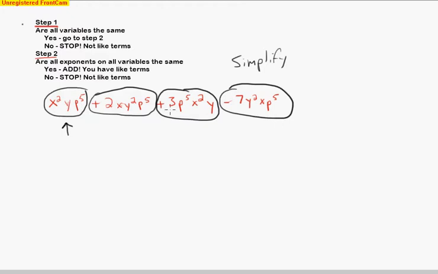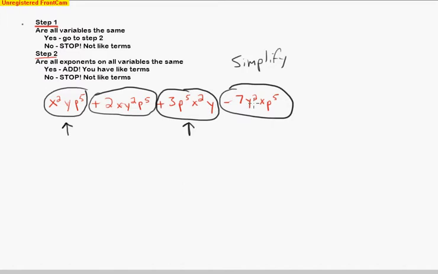Let's see if the 3rd term matches up with the 1st term. Here we've got p to the 5th, p to the 5th, x squared, y, and y. So this 3rd term is a like term with this 1st term. Let's see if the 4th term is also a like term with terms 1 and 3. We've got y squared, and here's y and y.